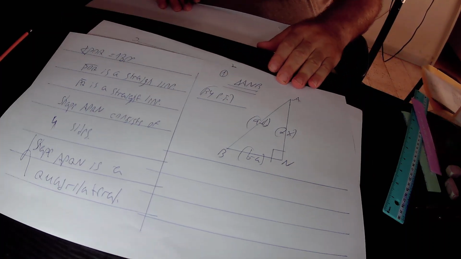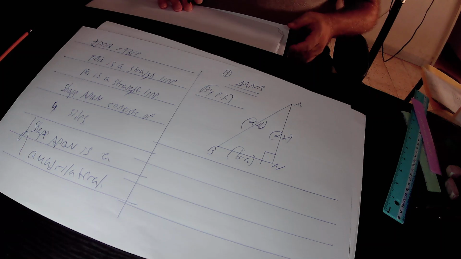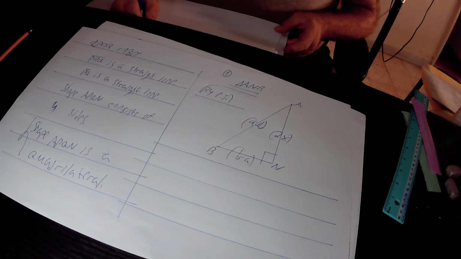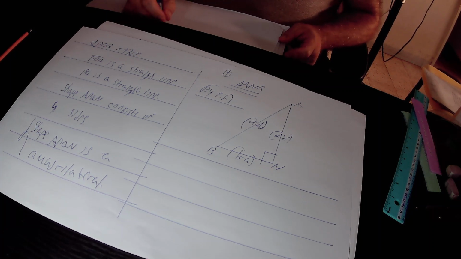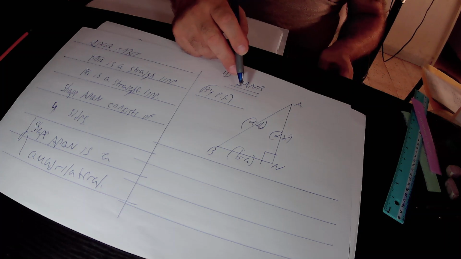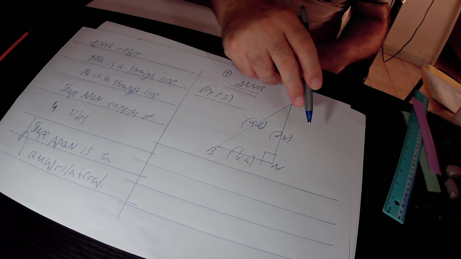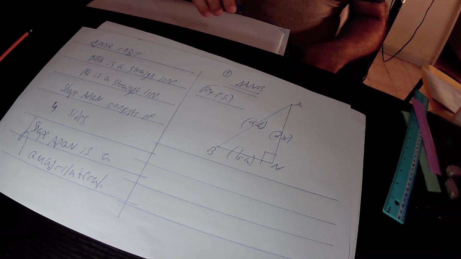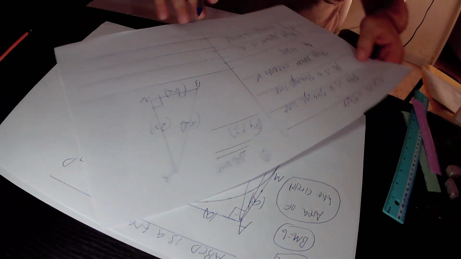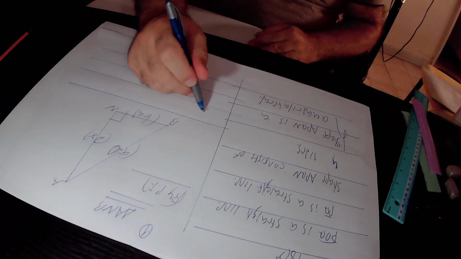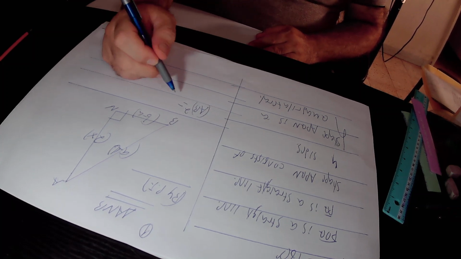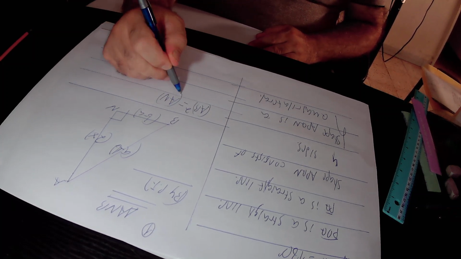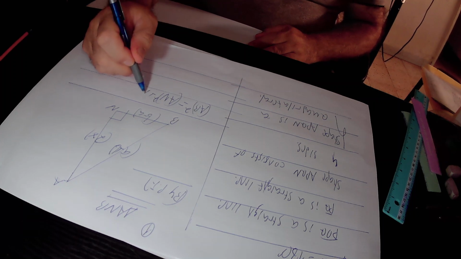This is the right triangle ABN that I copied from the original drawing. According to the Pythagoras theorem, AB squared, that is the square of the hypotenuse, equals AN squared plus NB squared.